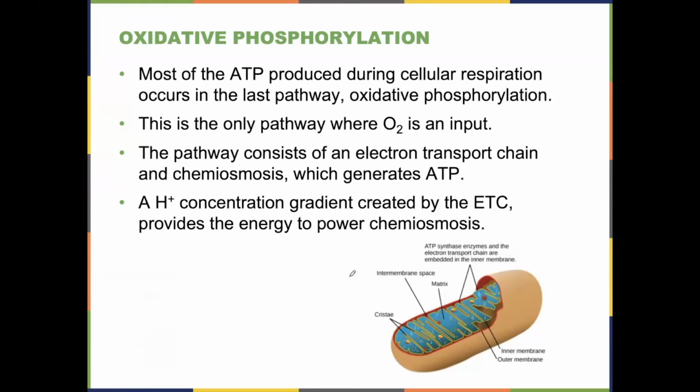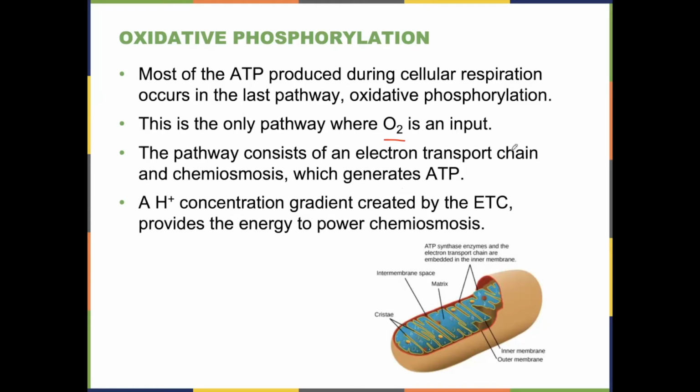If most of the energy is trapped in our filled electron carriers, how do we get that energy out and convert it into the form of ATP? That's what occurs in the last major pathway within cellular respiration called oxidative phosphorylation. Now, the oxidative part of this comes from the fact that this pathway actually uses oxygen. There are 2 parts to this pathway.